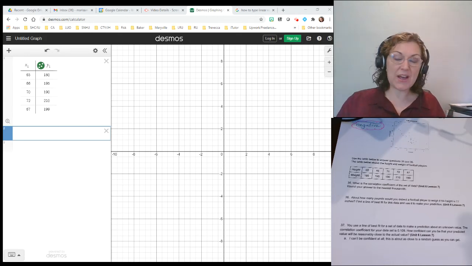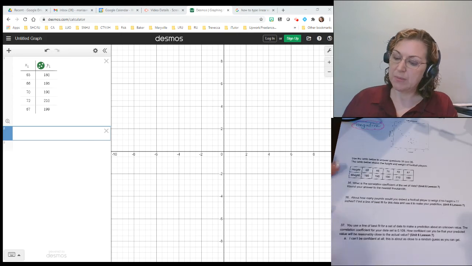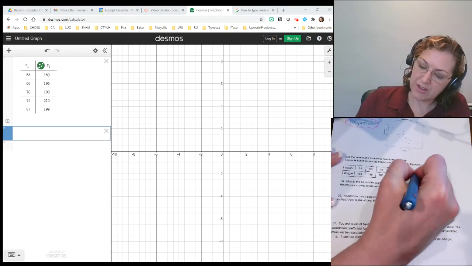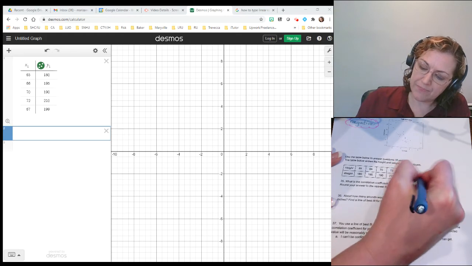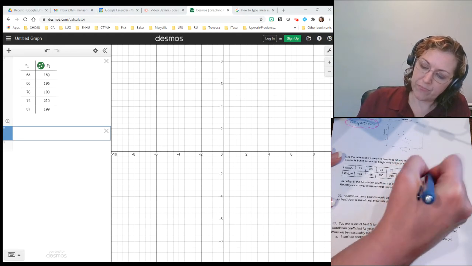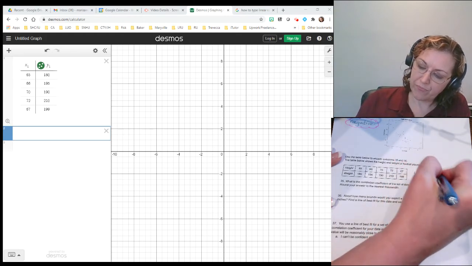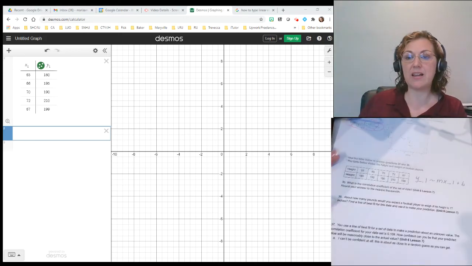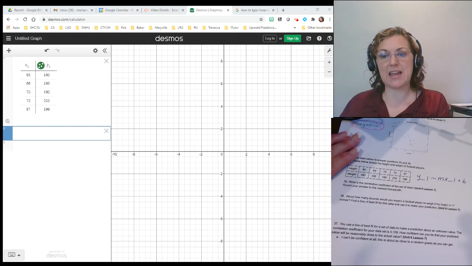Okay, friends, now you have to tell Desmos what it is you want. I'm going to actually write it on our note sheet because you have to tell it that you want a linear regression. So I'm going to type it. And then I'm going to write it, and then I'll type it.